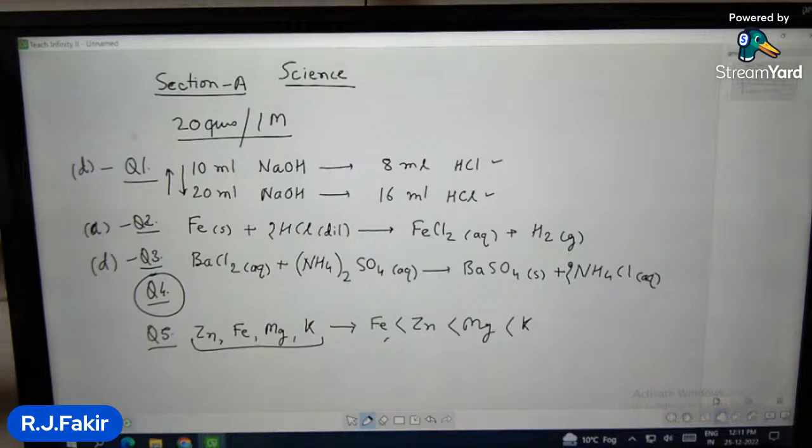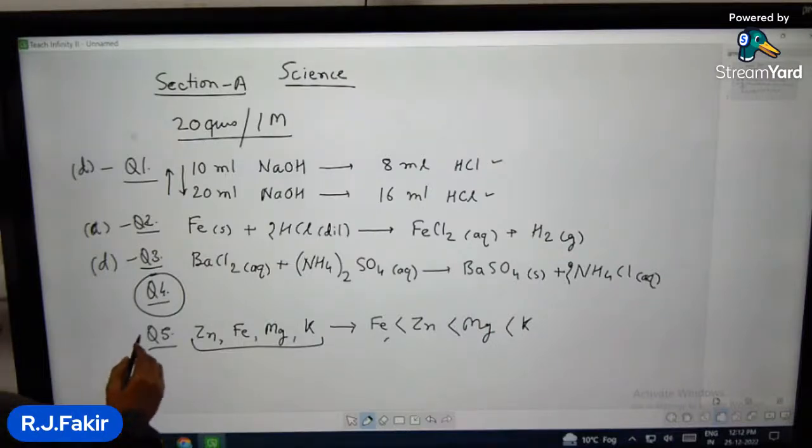In options, they may give it in decreasing order also. If you know the correct pattern, you will be able to easily answer these types of questions. So in this paper, the correct option for the fifth question is D.